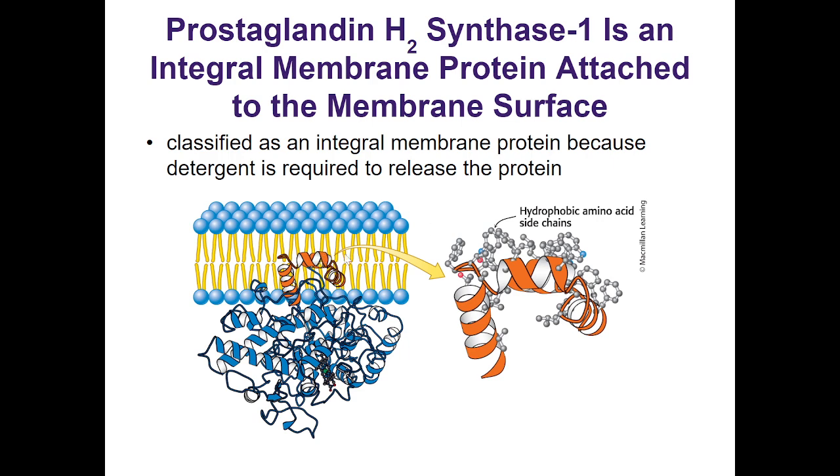And the big test usually is if you can get these to detach from just putting salts and stuff in there, then that's peripheral. Okay? If these things take detergent to detach, they're usually integral. Okay? That's usually the test that separates these things. Anyways, this is the hydrophobic amino acid side chains that make up that anchor. Everybody can see that nicely?